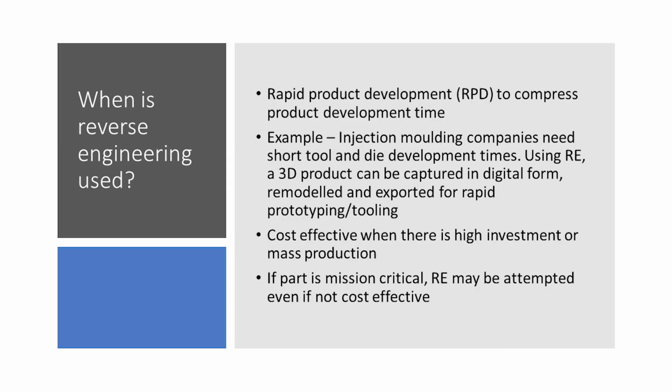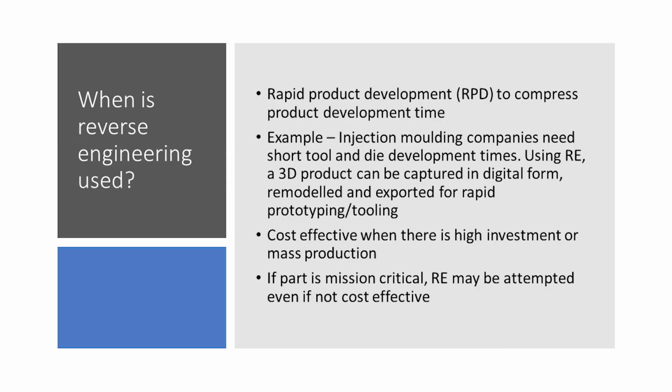So, reverse engineering is quite cost effective when there is high investment or mass production. So, if you can invest a large amount and you carry out mass production, then it is quite cost effective. The money that you spend in reverse engineering, you make it up very quickly because you make multiple copies of that same product.